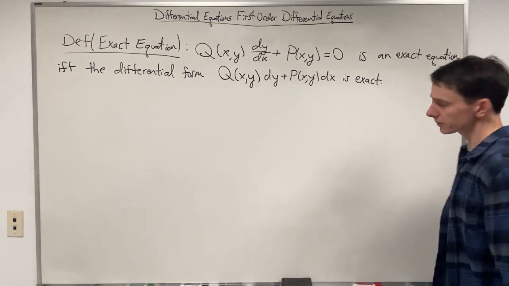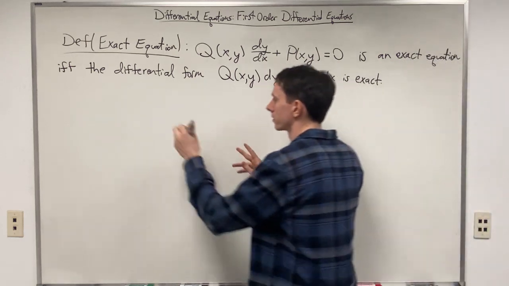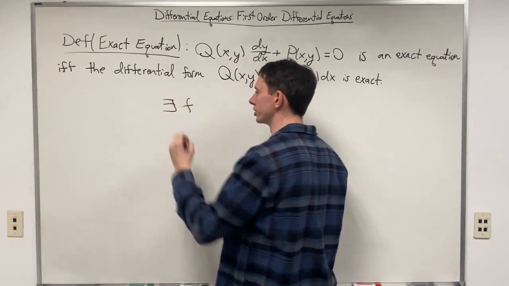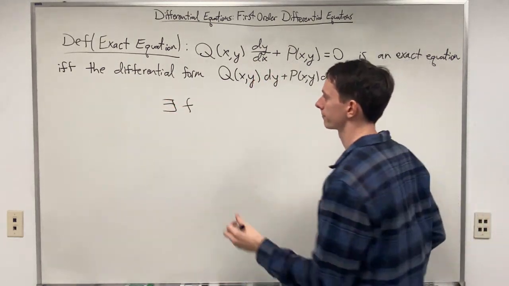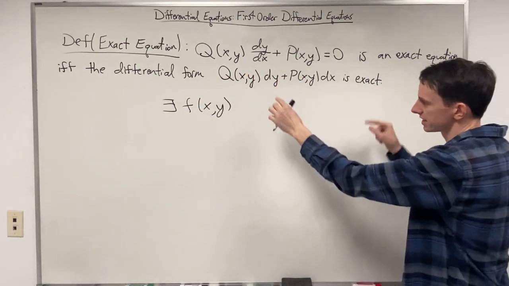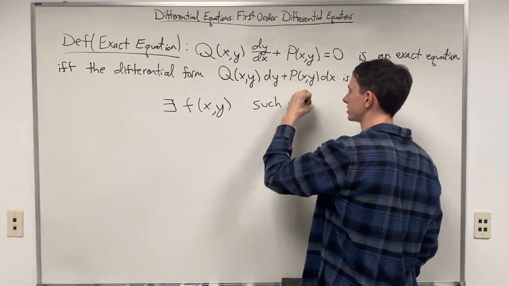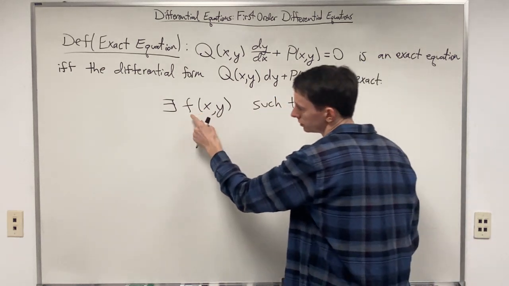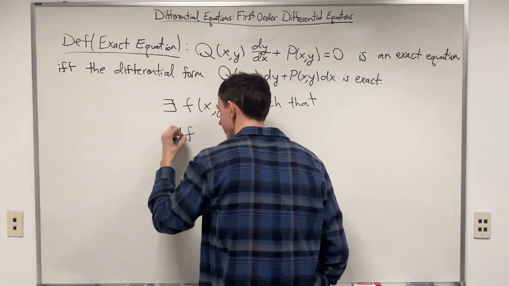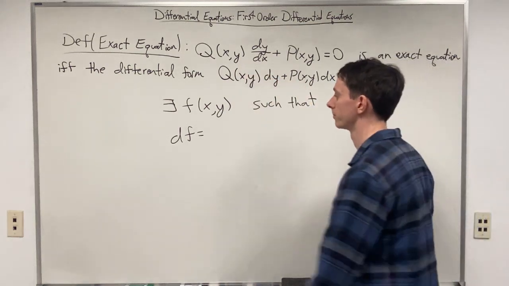So a differential form is going to be exact if there exists some function, and I'm just going to call this function f, which depends on x and y, such that the differential form of f, or in other words, df, is going to be equal to this specific differential form right here.